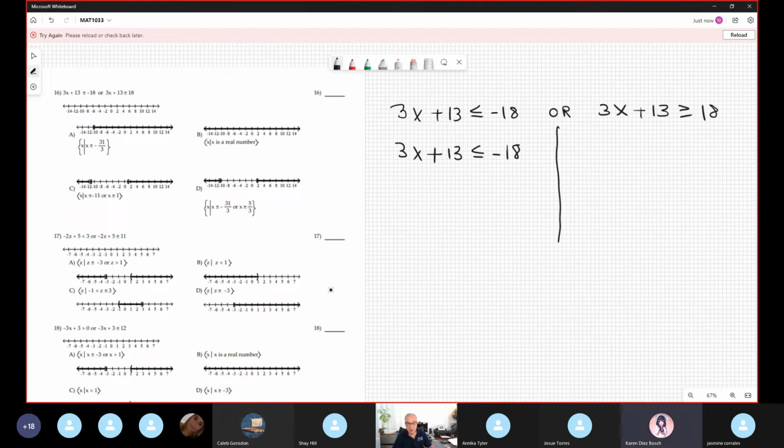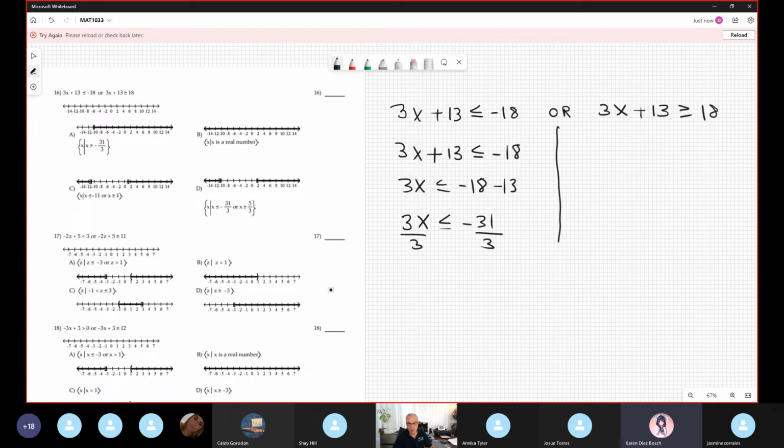What should I do? Move 13 to the right, similar to the equation. Negative 18 minus 13, which is 31, I guess, no? Let me see, 18 plus 13, yeah, 31, negative 31. Finally, divide by 3.